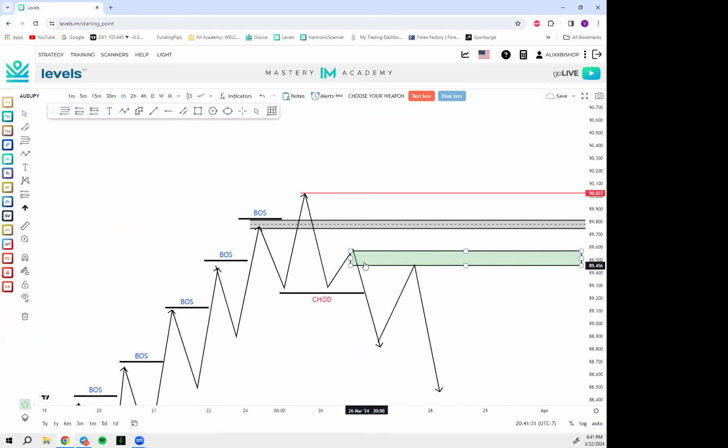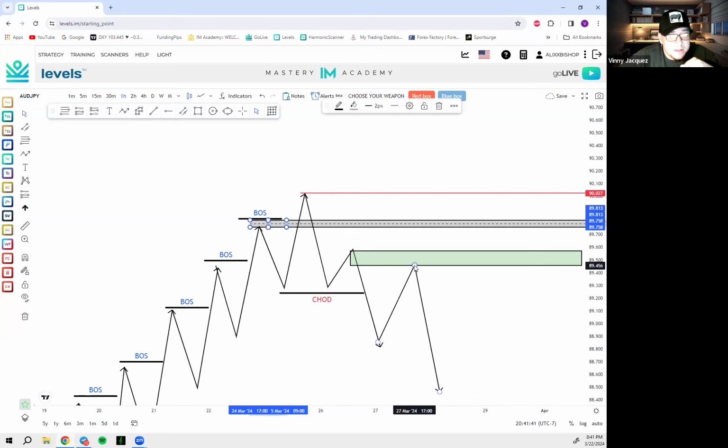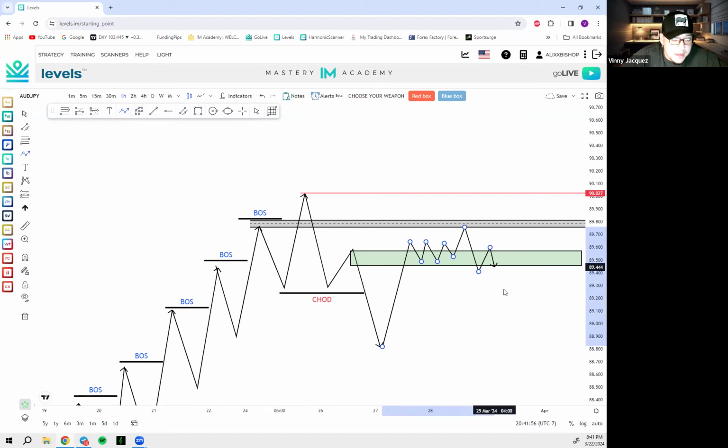So whenever I see this type of setup, I'm always looking for it to break and close above the head. Just because that's always what I've seen. I've seen a lot of times where this starting point will get violated and we'll just consolidate in this area for a minute and it'll respect the shoulder. Like it'll consolidate right here, respect the shoulder and start coming down.